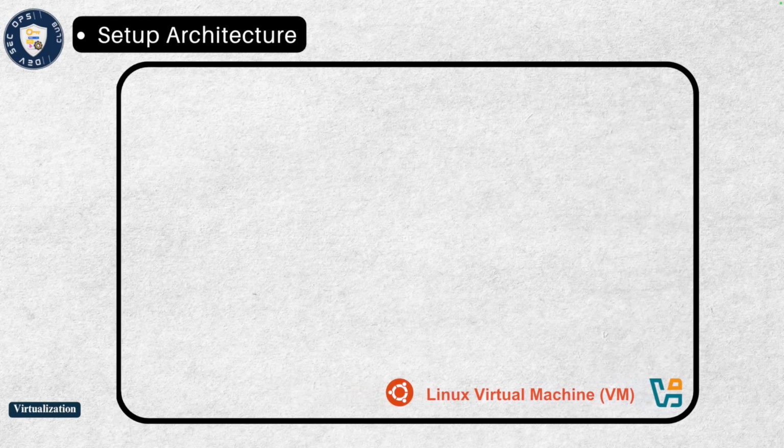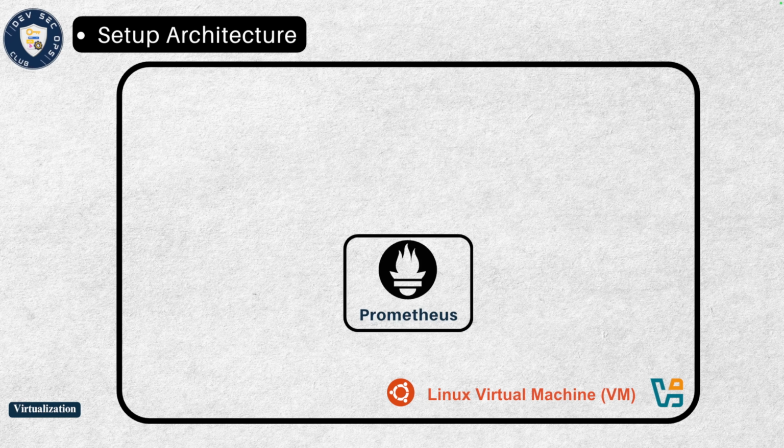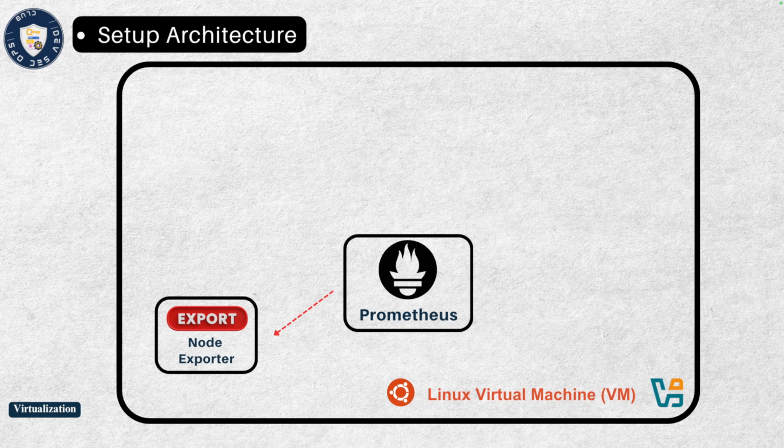In our setup, we have an Ubuntu-based Linux virtual machine, and for virtualization I'm using VirtualBox. I've already set up and installed the Linux virtual machine; if you want, refer to Part 1. Then we have already installed Prometheus on this virtual machine, which grabs host metrics from the node exporter.